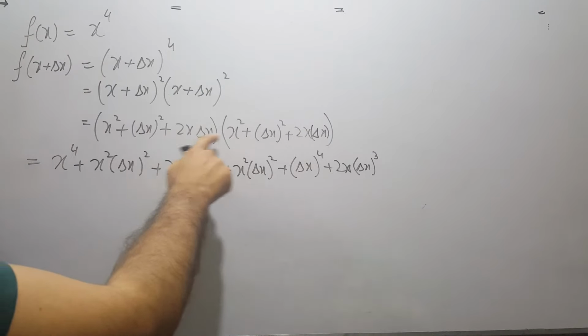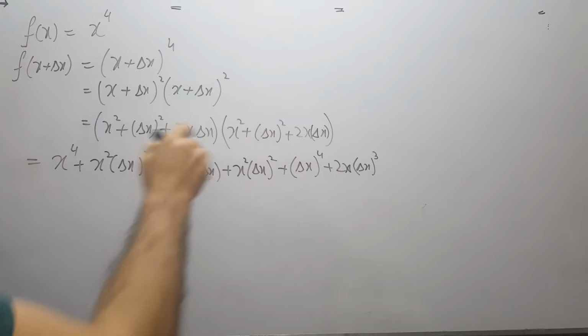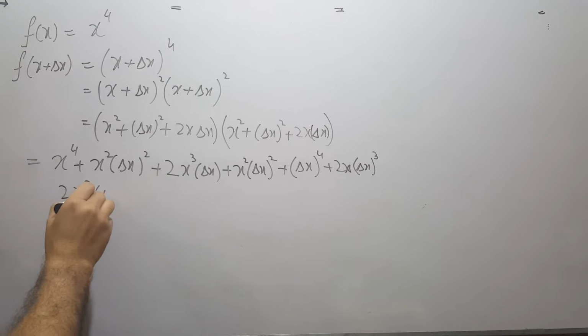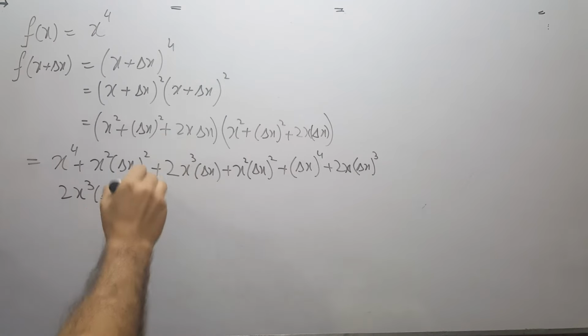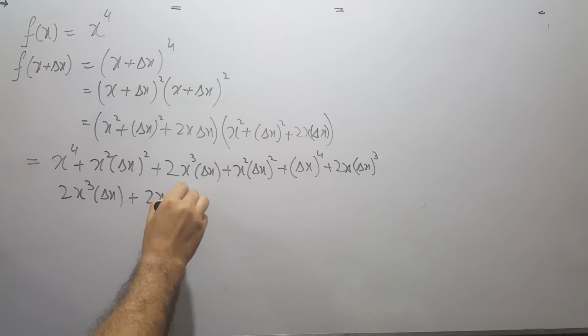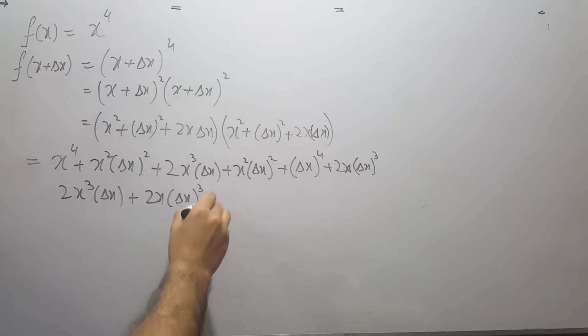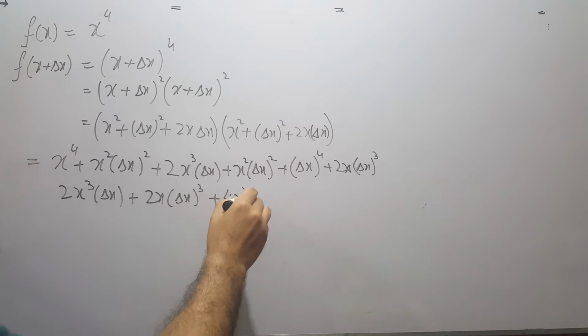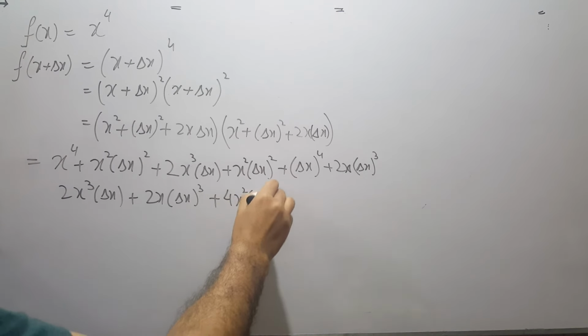Further, you have to multiply this to each term, so 2x delta x into x square gives us 2x cube delta x plus 2x delta x into delta x square gives us delta x cube, and then 2x into that gives us 4x square delta x square.